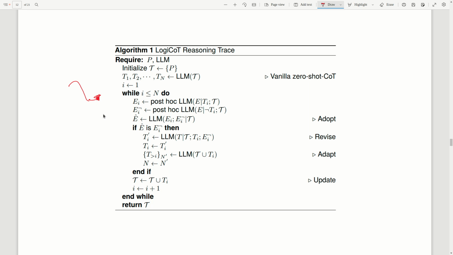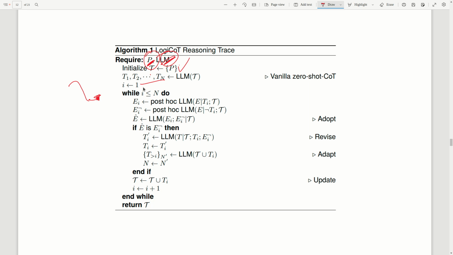It takes the input premise or prompt, say P, and a large language model. P is the prompt, and LLM is the large language model. The LLM takes this prompt and creates a chain of thought T1 to Tn.